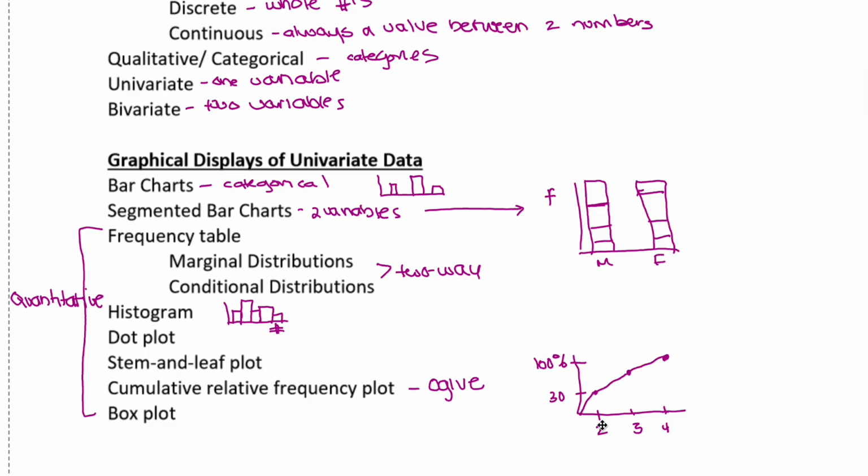So for example, for number 2, it has 30%, for number 3, it has 70%, and for number 4, it has 100%. So always remember, an ogive curve will ultimately reach 100%. It will not extend above 100% or stop below 100%. It will always be 100% at the end.